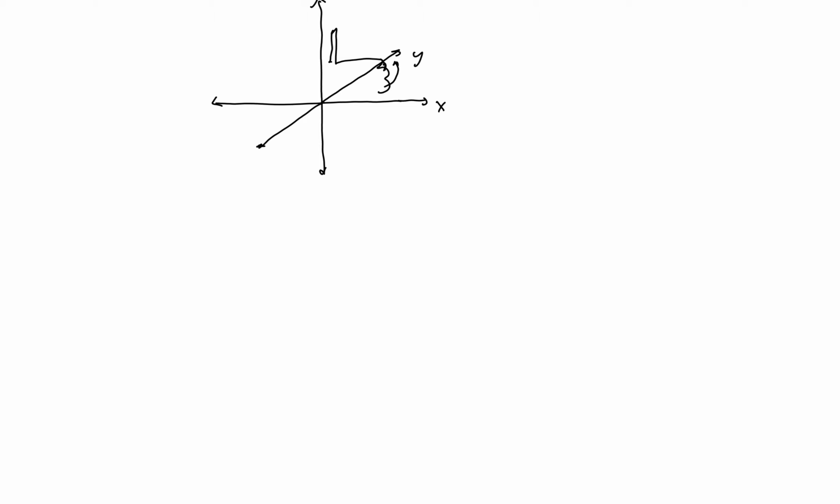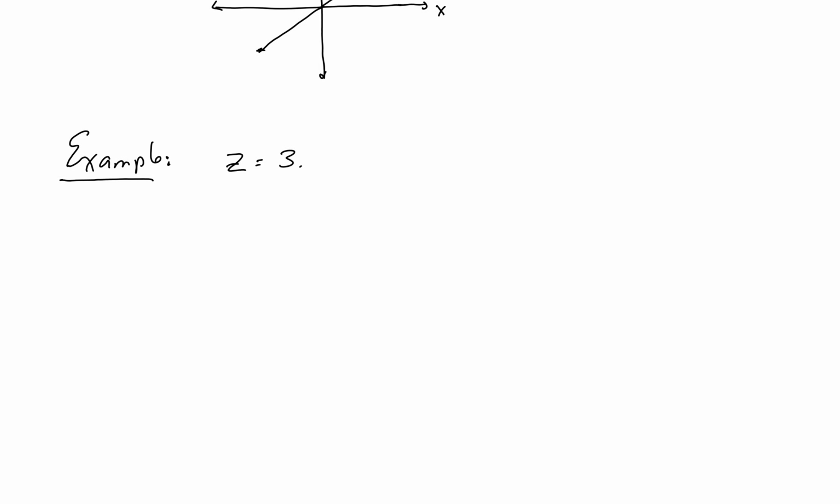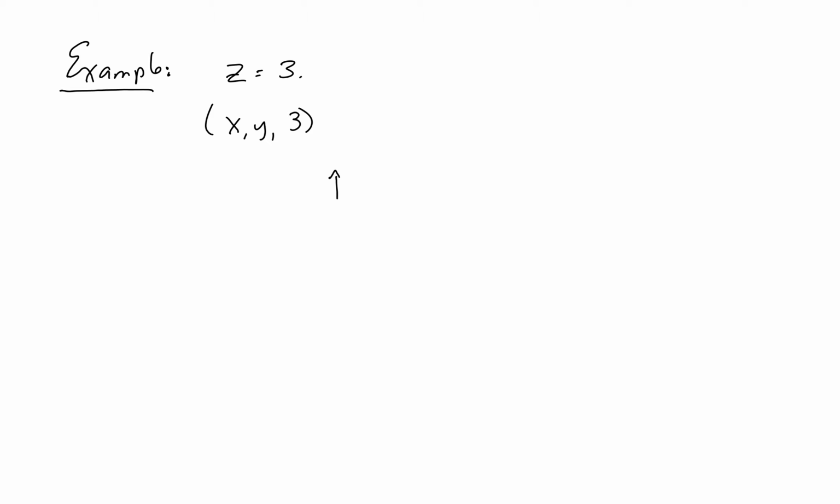Okay, let's do some graphs now. You already saw several graphs in the flipped class video, but let's do a couple here as well. If we want z equal to 3, what does this mean? This means we want any x, y, z, but I want my z to be 3. So I want any points that satisfy (x, y, 3). That means my x and y can be absolutely anything, but the z is restricted to a value of 3.